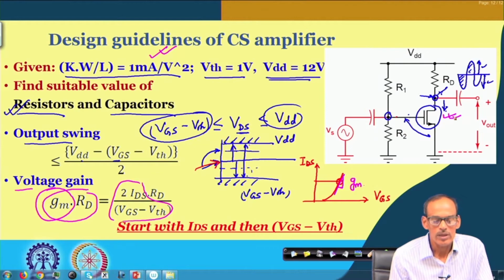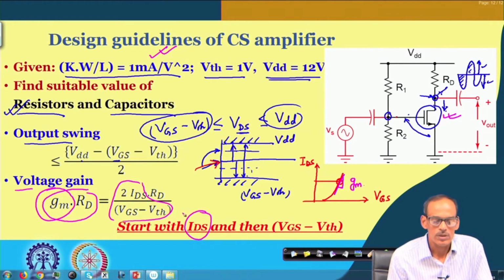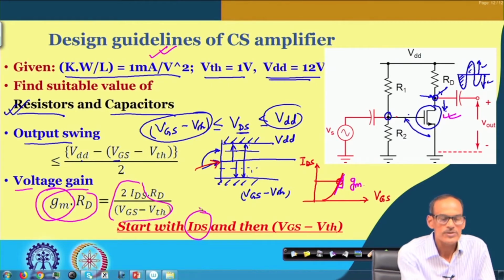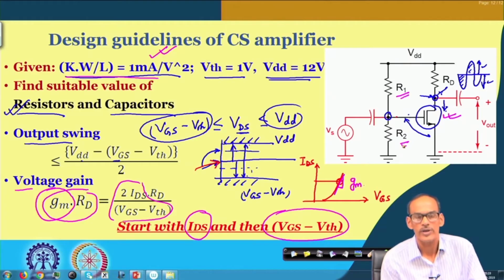Based on that we may decide to use some IDS value, and from that, using the parameters, particularly k, W by L and VTH, we can calculate the value of VGS minus VTH, and that will help us find the values of R1 and R2.